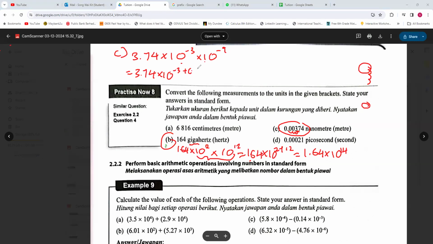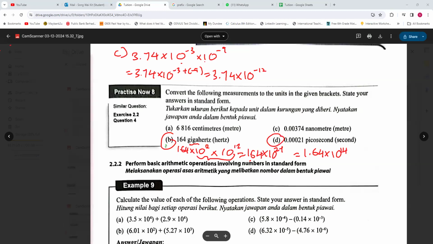So multiplication would mean adding the powers. Negative 3 plus negative 9. Do you know what's the answer, Kenneth? Negative 12. Okay. So that concludes question C, and we can now proceed with question D.